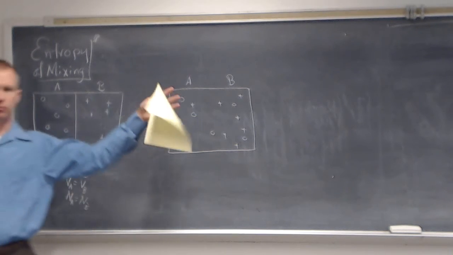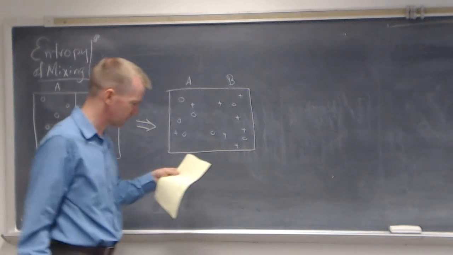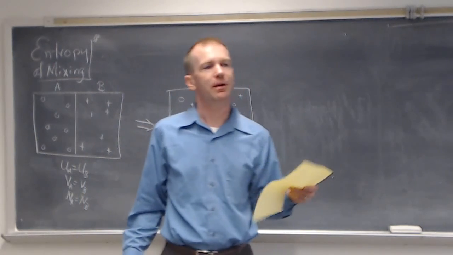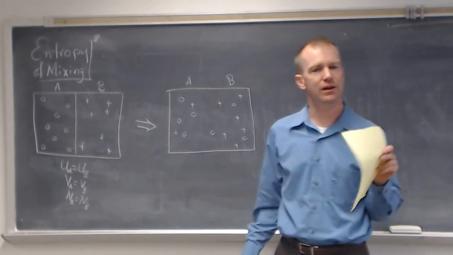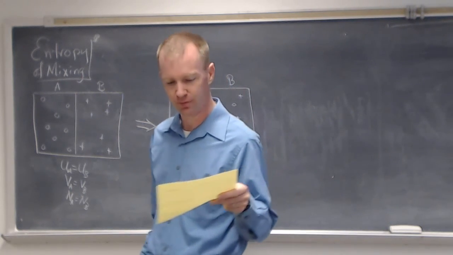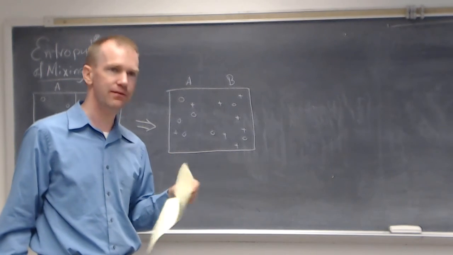Okay, so they gradually move across like that until they've mixed. What happens in mixing is that the entropy increases in this case as well. The way that we can find this out, and by how much, is to treat each gas as a separate system, even after they've mixed.